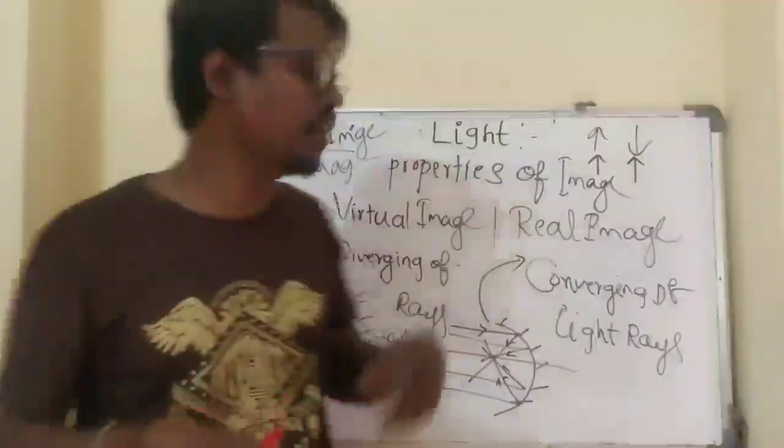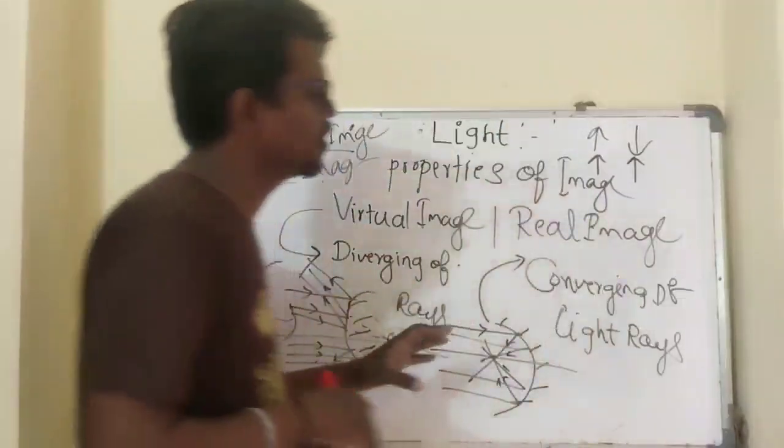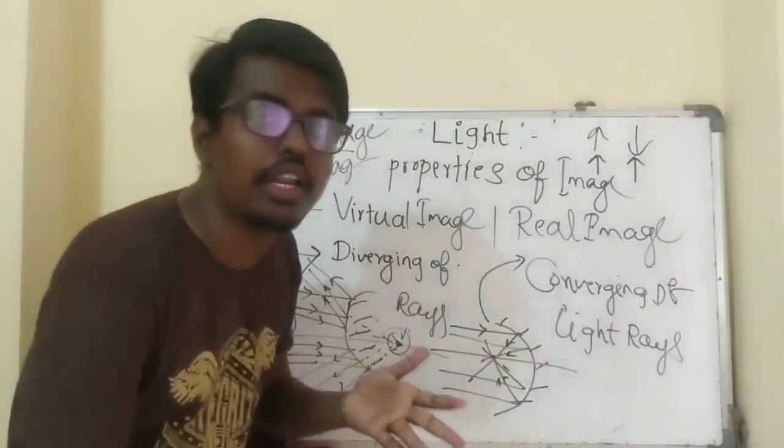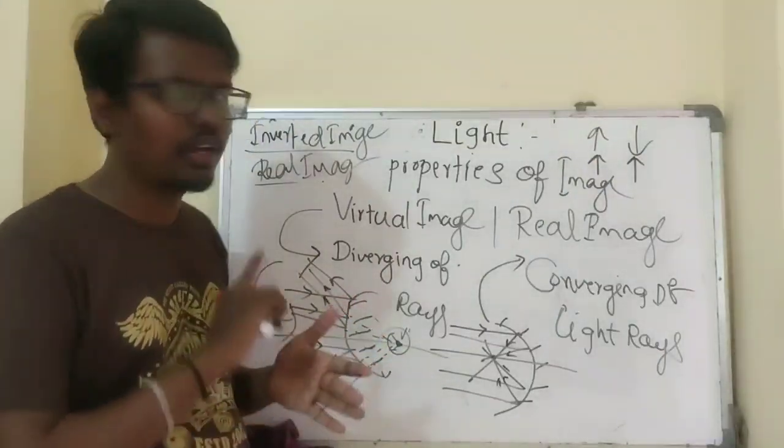These are helpful for your numericals. If you do not understand this concept, you will not be able to draw ray diagrams for mirrors, and you will not be able to solve numericals either.